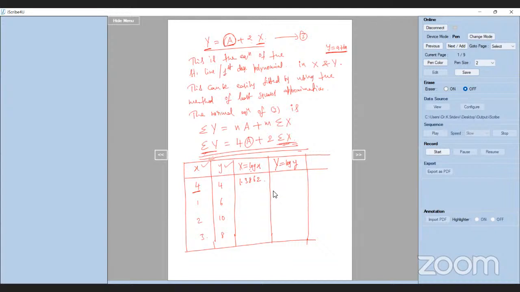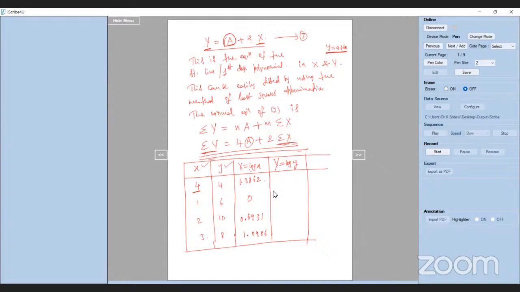Log 1 value is 0, we know that generally. Log 2 value is 0.6931. I am using only the smartphone calculator. Next, log 3 is 1.0986.